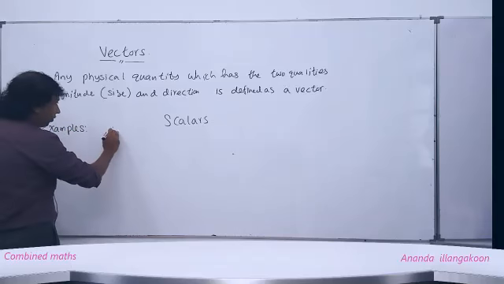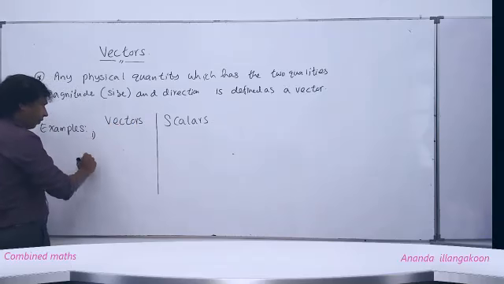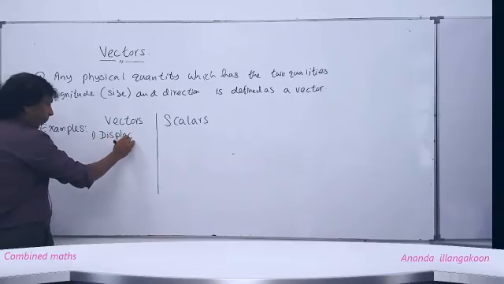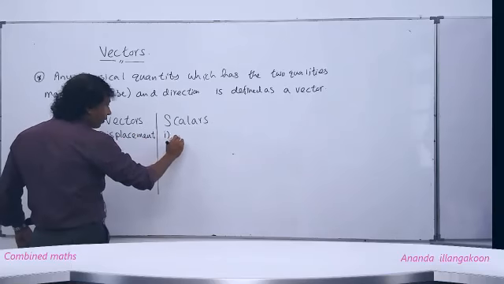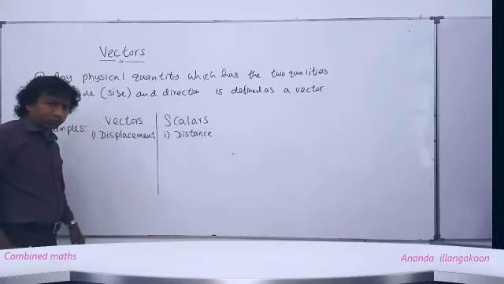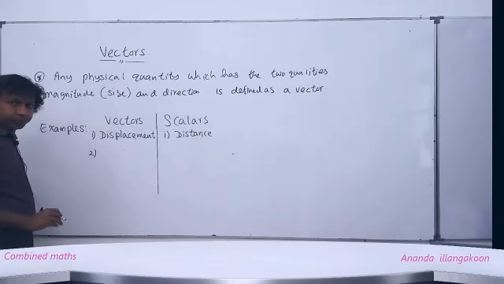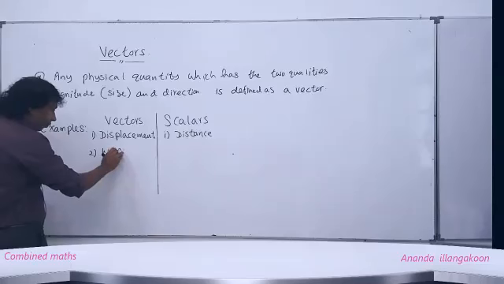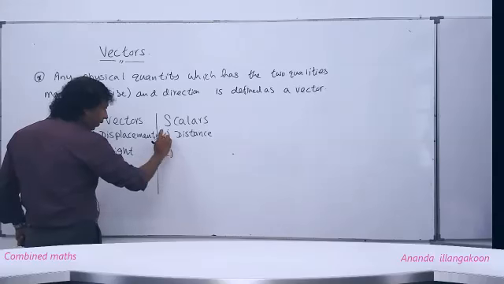Examples you can write for vectors and scalars. Vectors, first one, displacement. Scalars, distance. Number two, weight. Here, mass.